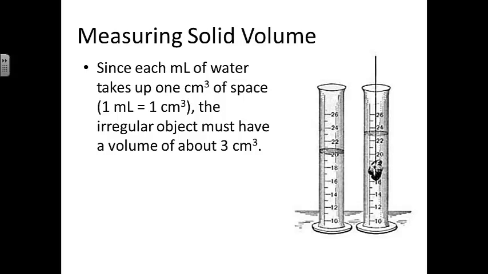Each milliliter of water takes up a cubic centimeter of space, so we can actually change from a liquid volume unit into a solid volume unit by using this equality. 1 milliliter equals 1 cubic centimeter. So since this is a solid object, we would want to report its volume as a solid volume unit using cubic centimeters. So we would report it as 3 cubic centimeters, not 3 milliliters.